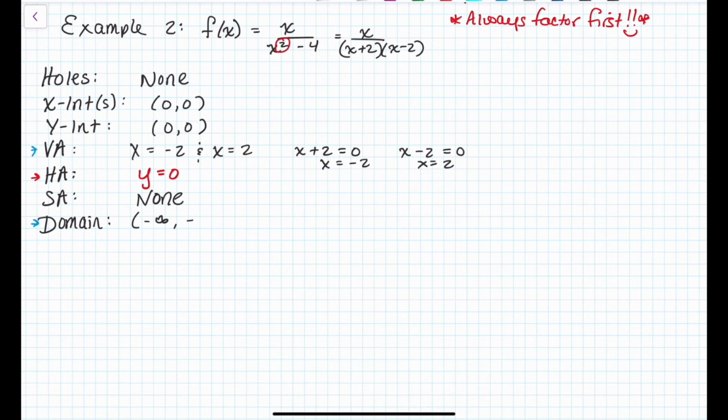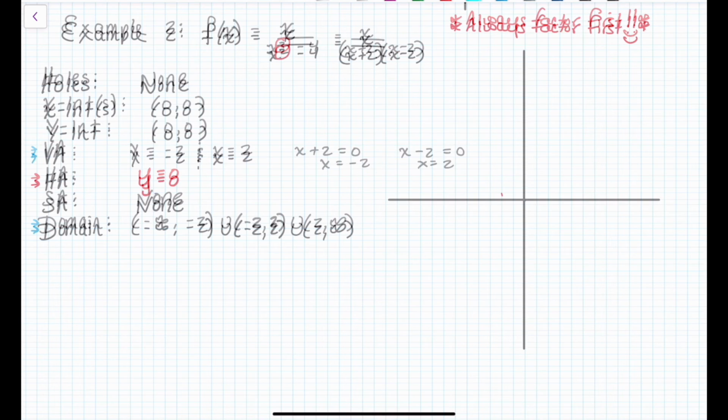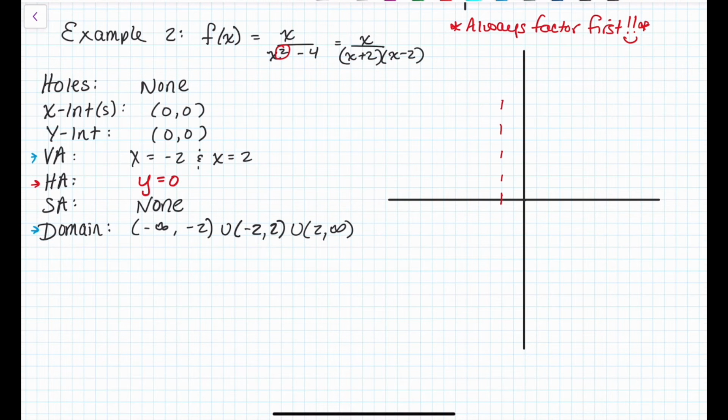So now domain, let's look at the vertical asymptote and write our domain. So basically the domain, if we're reading from left to right, it's going to jump over the values in the vertical asymptote for x where the function is undefined.